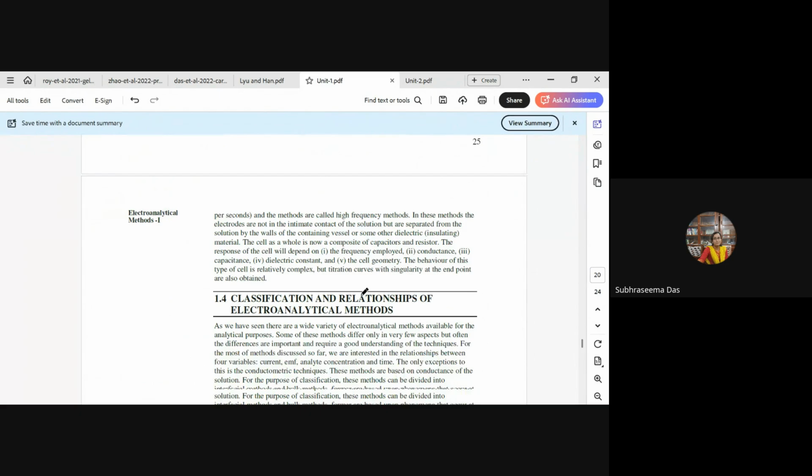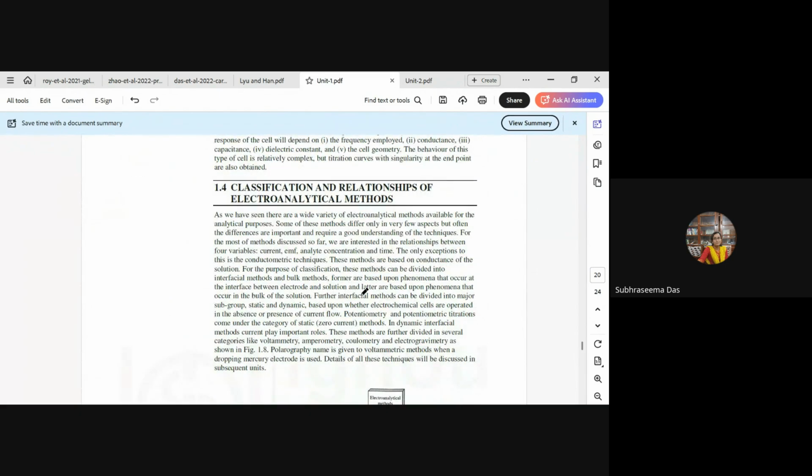Then, coming to classification and relationships of electroanalytical methods. As we have seen, there are different types of electroanalytical methods for different purposes.